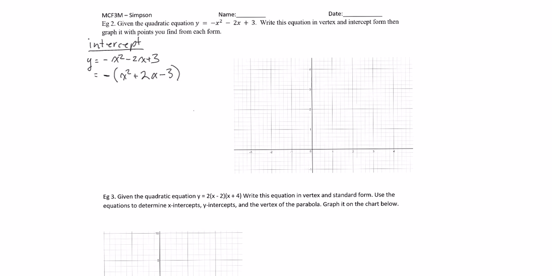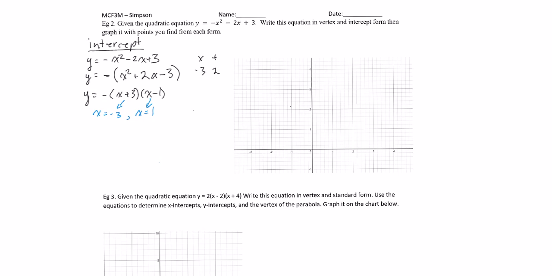To make this easier for me, I tend to pull out a minus sign so that I can easily factor. So now I need two numbers that multiply to -3 and add to +2. And they are x plus 3 and x plus 1, which means that my x-intercepts are x equals -3 and x equals +1. So those are what my intercepts are right away.